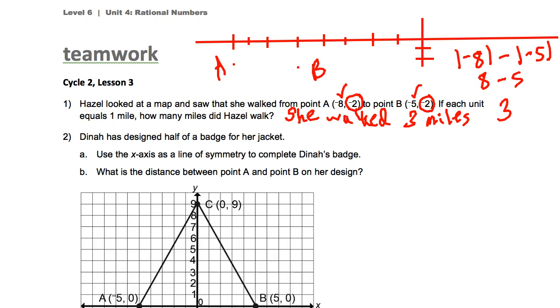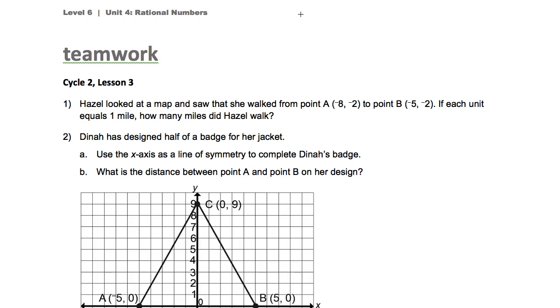But when you have the numbers the same on the y-axis, you're going to have a horizontal line. If the numbers are the same on the x-axis, you would have more of a vertical line, if that were the case. Okay, let's go ahead now and look at number 2.